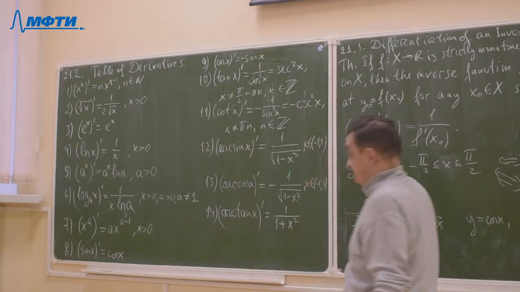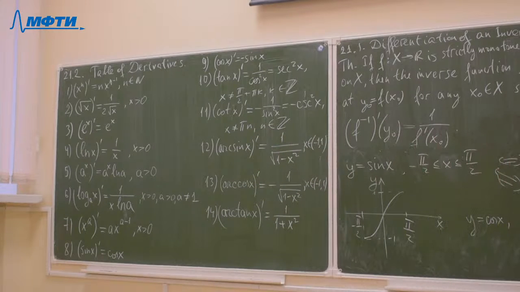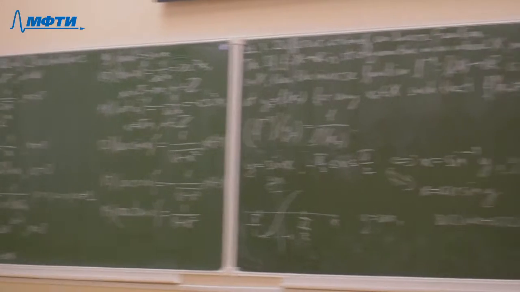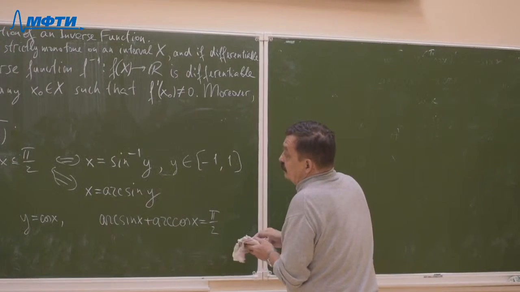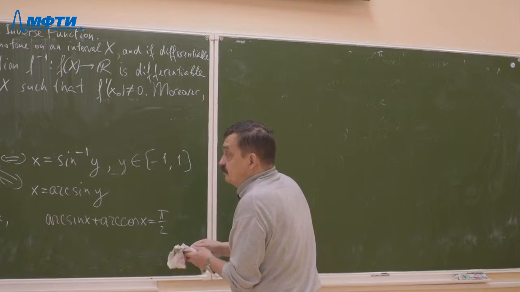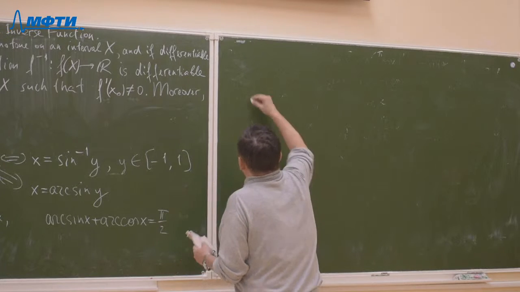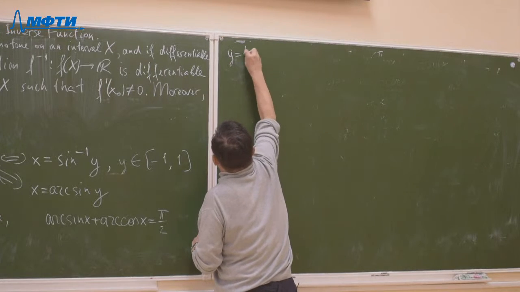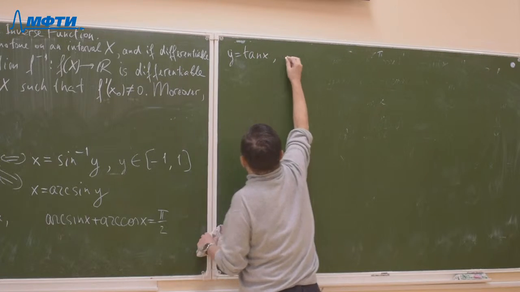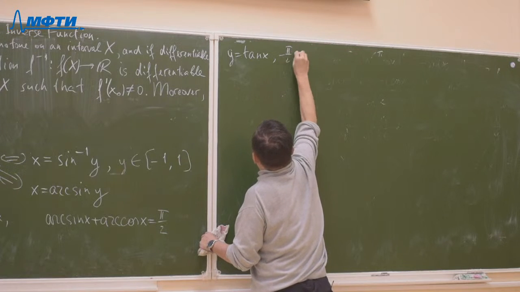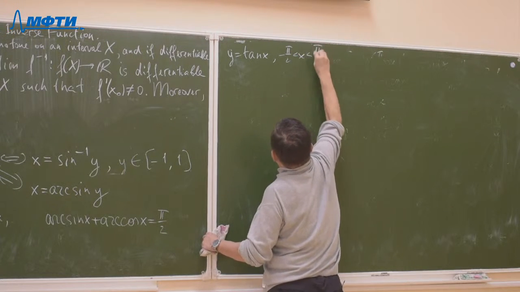Here there are no restrictions. Why? Because we can consider the function tan x for x between minus pi over 2 and pi over 2.